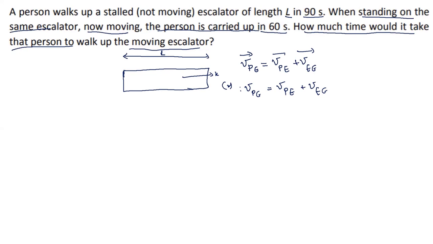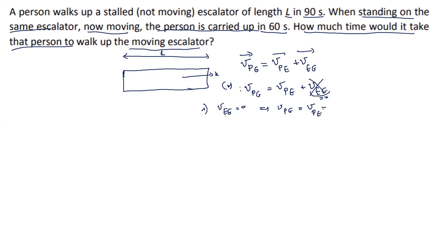Now, in the first case, the person is walking up, but the escalator is not moving. So the velocity in the first case, v_eg is 0 because the escalator is not moving at all. So basically this part is equal to 0 here. That means the velocity of the person with respect to the ground is just equal to the velocity of the person with respect to the escalator, because this part is 0.